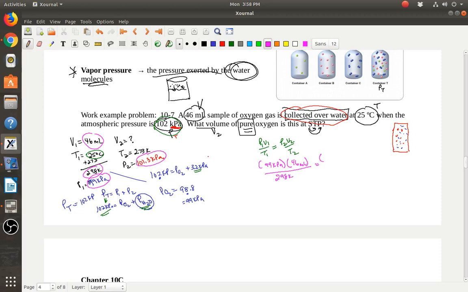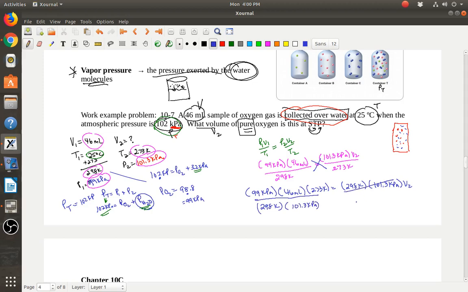P2, 101.3 rather, kilopascals. V2 is my unknown, and T2 is 273 kelvins. So now we just need to cross multiply and solve. Notice I cross multiplied. So now I'm just going to divide by 298 kelvins and 101.3 kilopascals. So this goes away. So I just have V2 isolated all by itself.